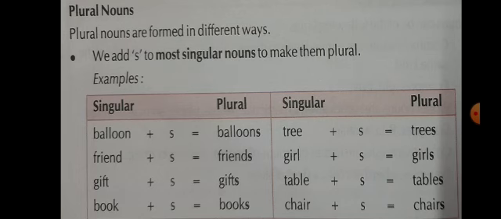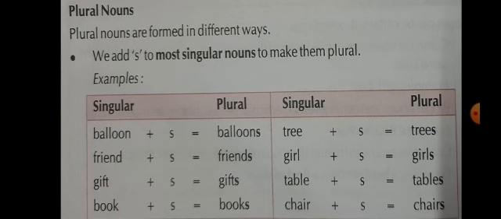Plural nouns are formed in different ways. There are many ways to form plural nouns from singular nouns. How can we change them to plural? Let's learn. We add s to most singular nouns to make them plural.